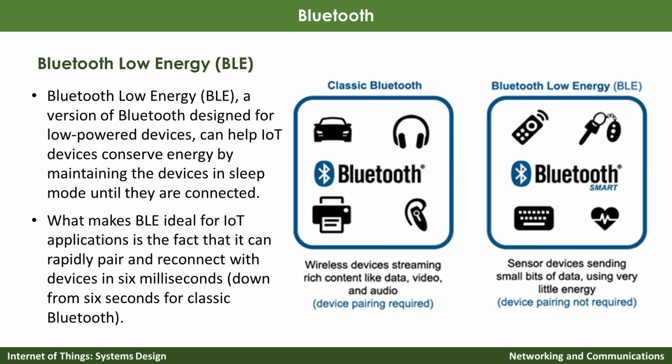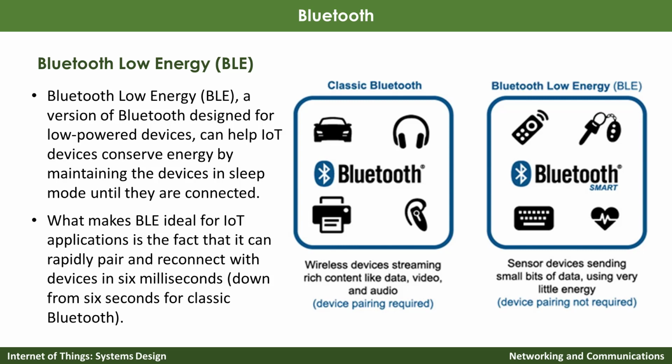Bluetooth Low Energy is a Bluetooth version which is designed for low power devices, especially useful for IoT devices. BLE devices can be put into sleep mode until they are connected. One of the most important characteristics of Bluetooth Low Energy is that it can rapidly pair and reconnect to a device within 6 milliseconds, compared to classic Bluetooth which would take 6 seconds.